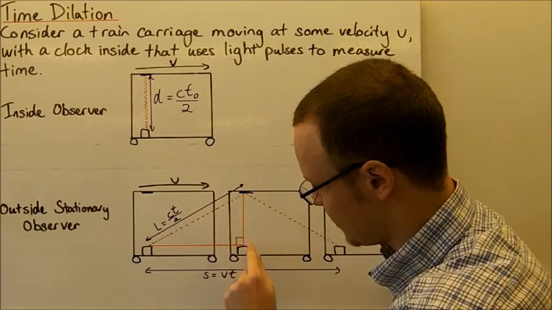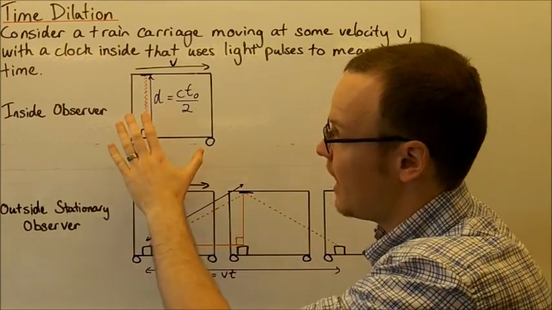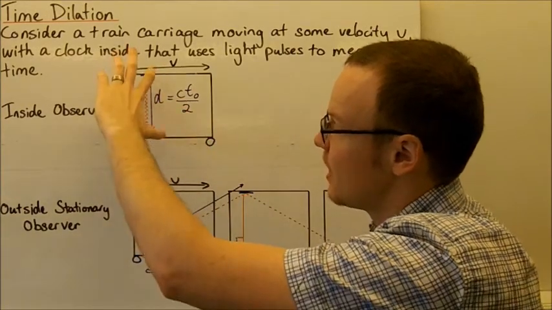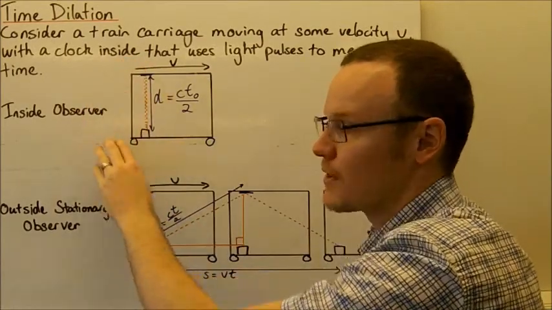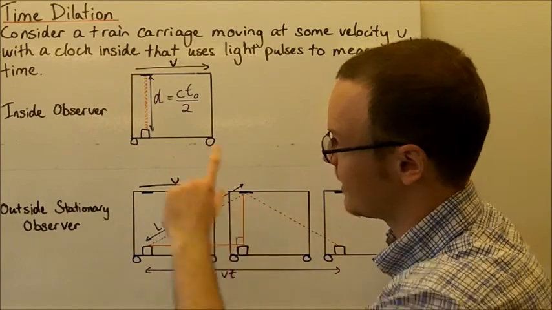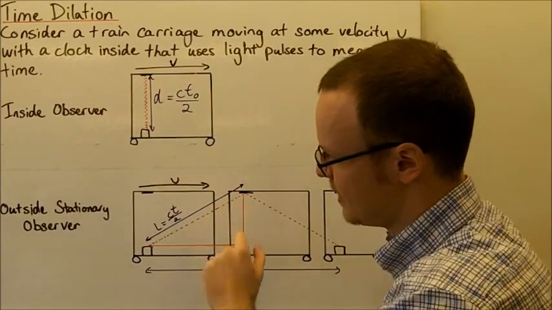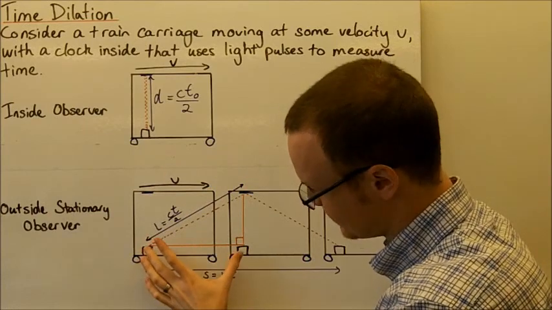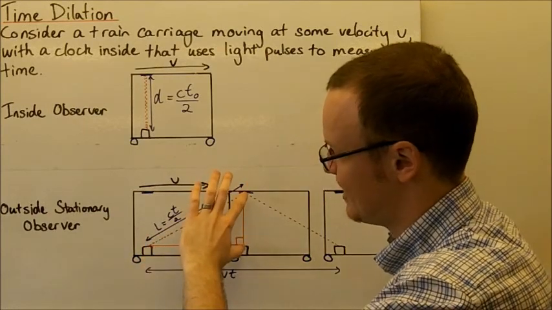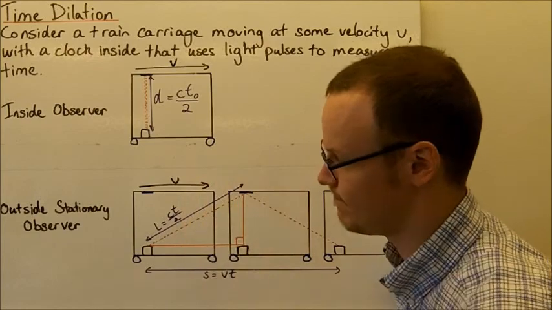And this side here is half of the distance that the light has travelled for the inside observer. That length there is that here. So we've got L being this side here, half of this value S here, and D here, this value here.